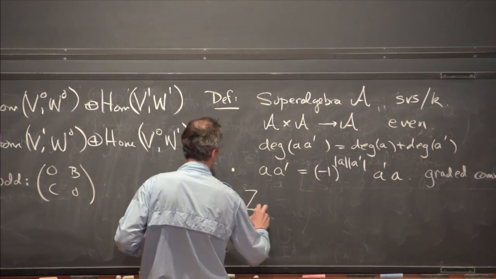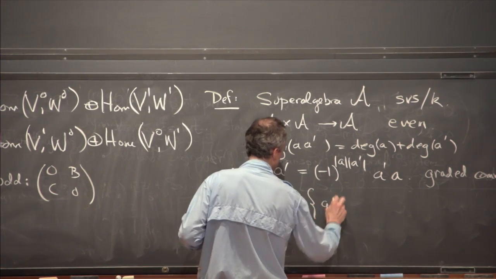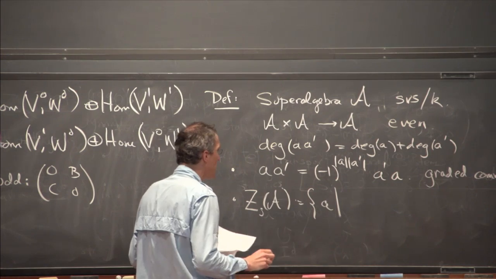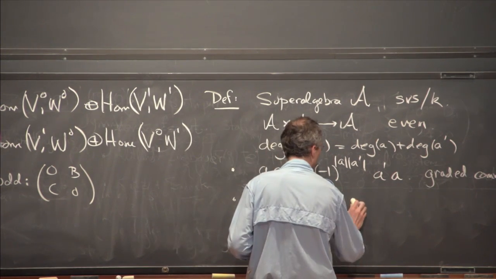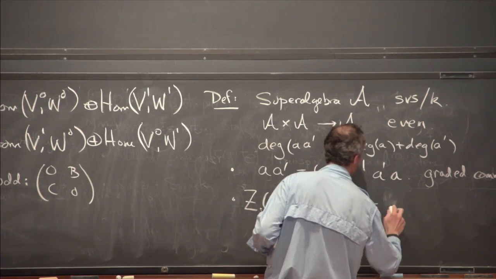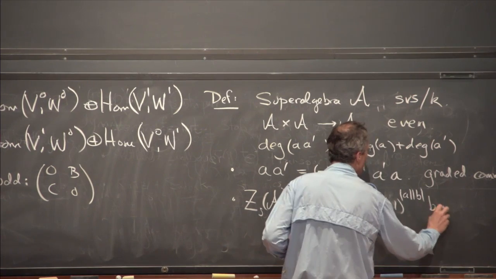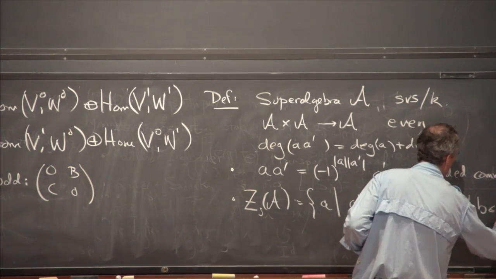The supercenter of my algebra is the set of elements whose homogeneous parts graded commute with all other homogeneous vectors: AB is equal to minus 1 to the A, B, BA for all B in A.